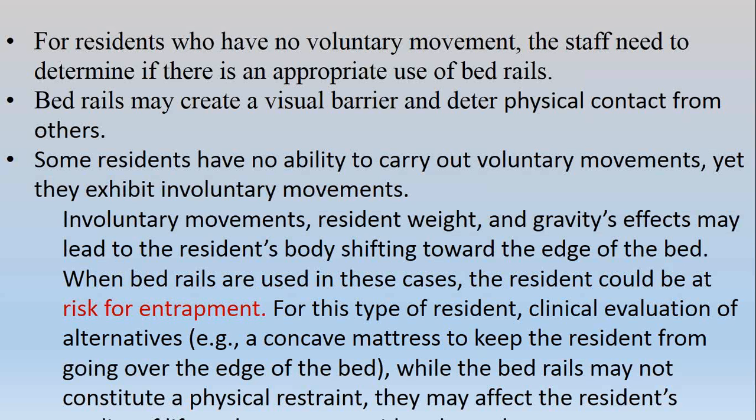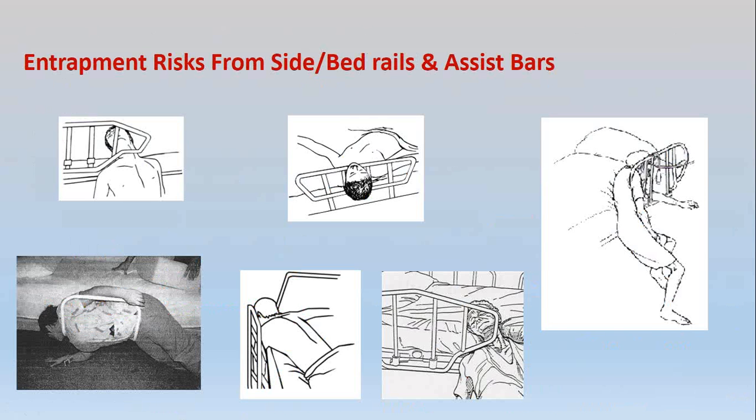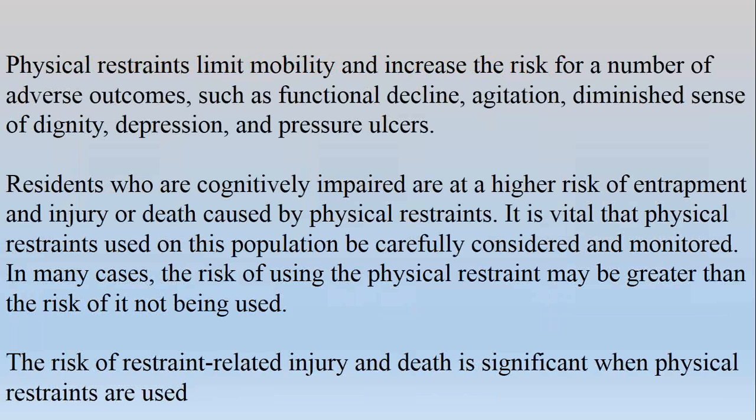For this type of resident, we need clinical evaluation for alternatives, concave mattresses to keep them from going over the edge of the bed. And while the bed rails may not constitute a physical restraint, they may impact the resident's quality of life. So here's all sorts of nice pictures of entrapment risks from side and bed rails and assist bars. Nothing I hope to ever see in my life.